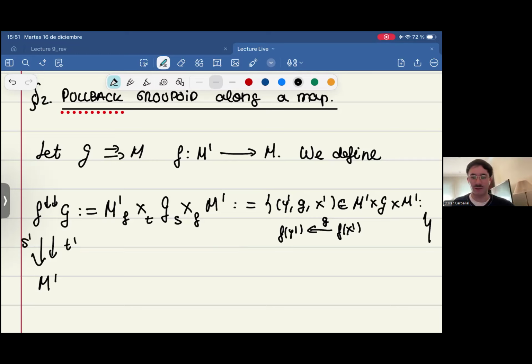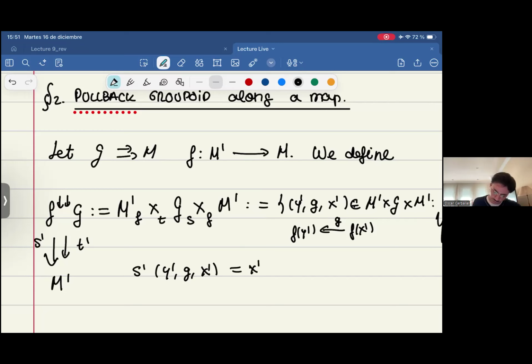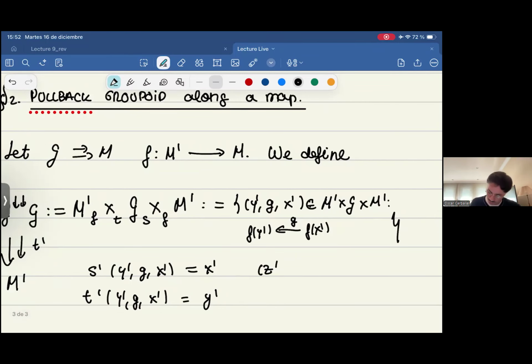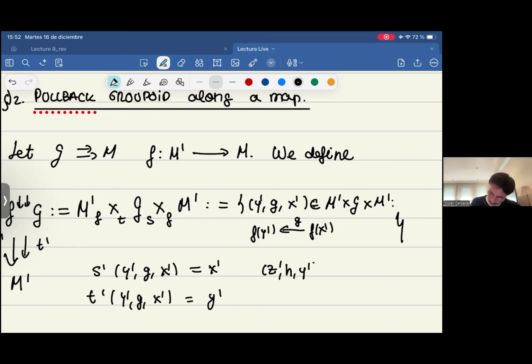And we have to define the source and the target maps, right? Well, of course, if we have this arrow, the source will be the point in M prime, which is x prime. The target will be y prime. And there is the partially defined multiplication on composable arrows, which is something like this. It's just composing appropriately in the original groupoid.